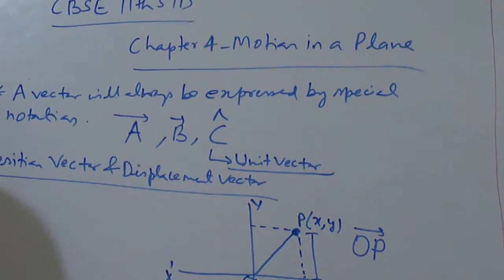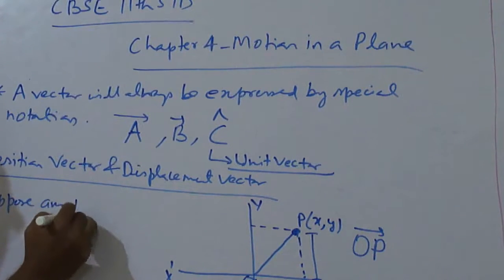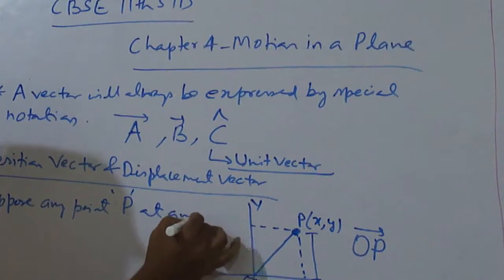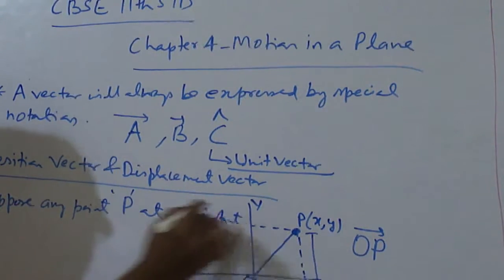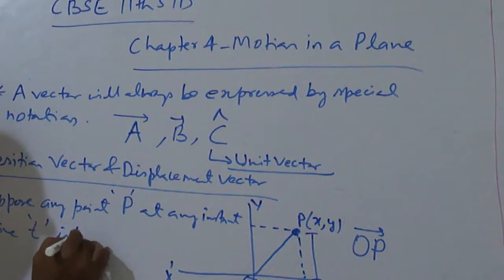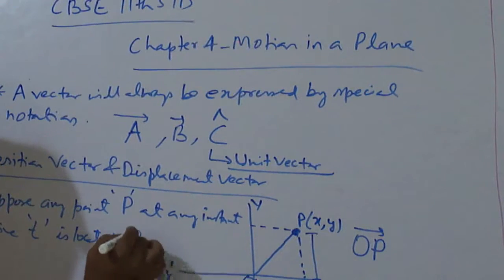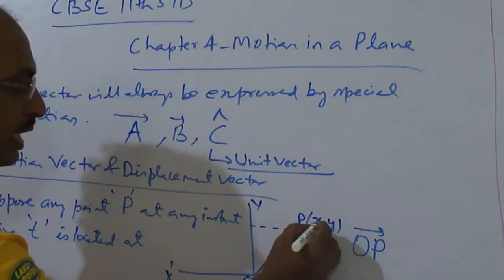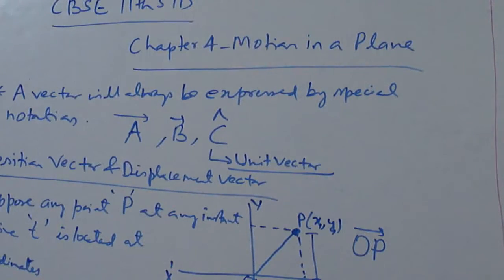Understood now? Okay, so suppose any point P at any instant of time t is located at coordinates x1 and y1.